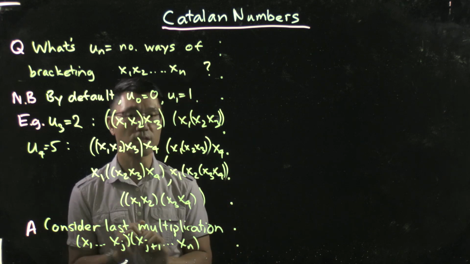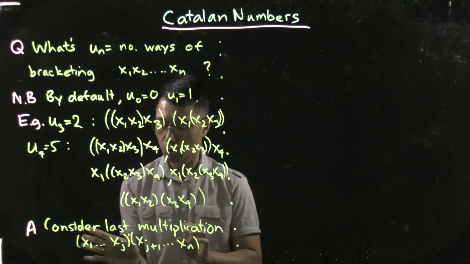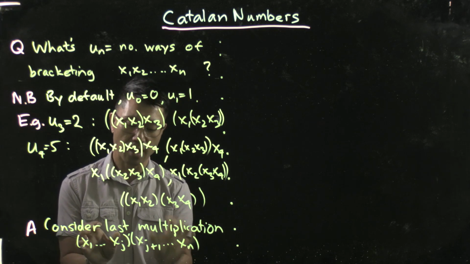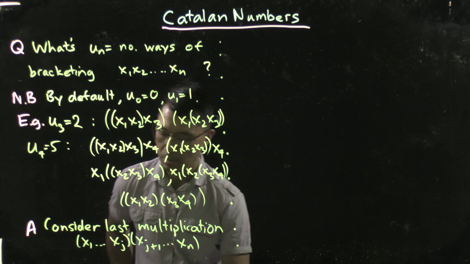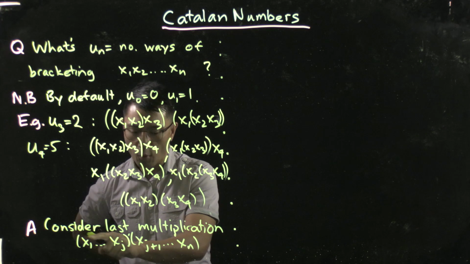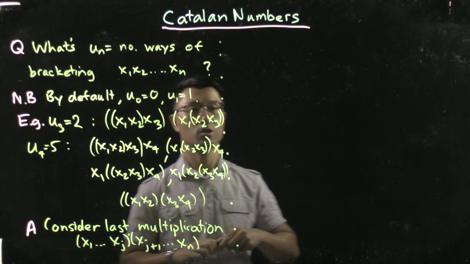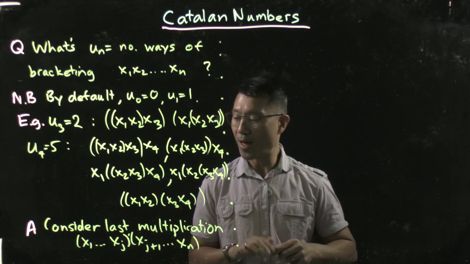So the last multiplication is always somehow bracketing the first j times somehow bracketing the last n minus j. What's the total number of ways of bracketing if this is the last multiplication?